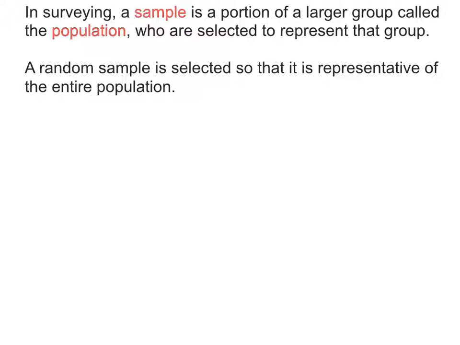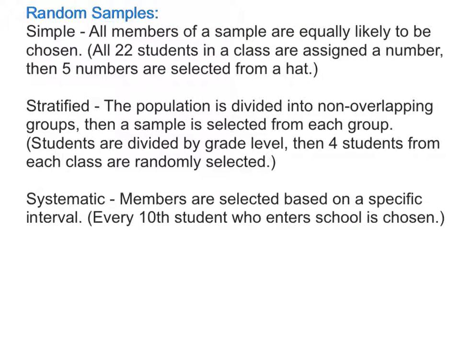This is typically achieved when the sample is random. We want the random sample to be chosen, as it is said, randomly, to help be representative of the whole group of people. So here's how we do that.